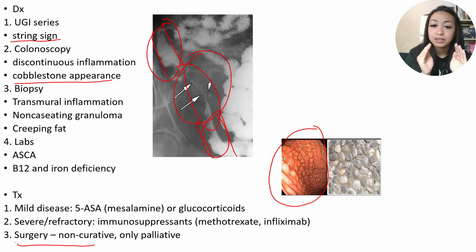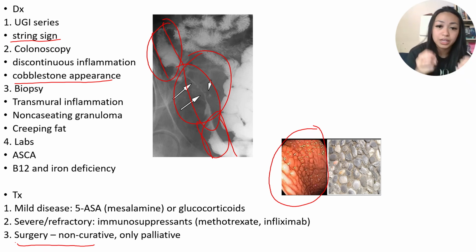But like I said, Crohn's disease is a discontinuous lesion. So to be able to use surgery effectively for Crohn's, we would have to remove the entire GI tract, which is not really possible. So surgery we do for Crohn's only for symptomatic relief, only for palliative care.